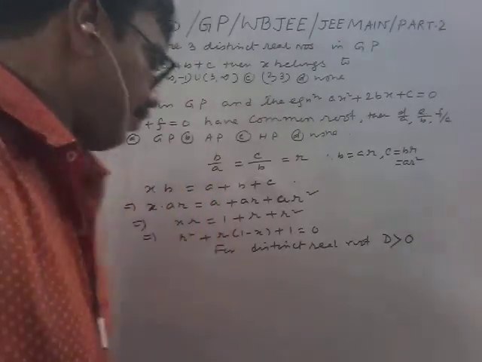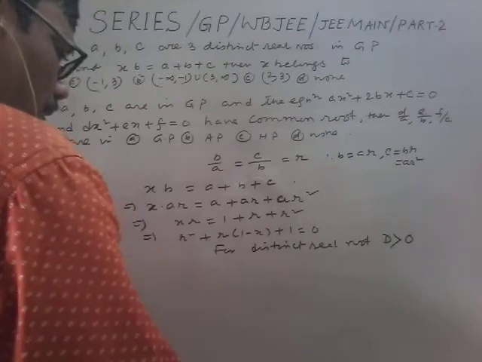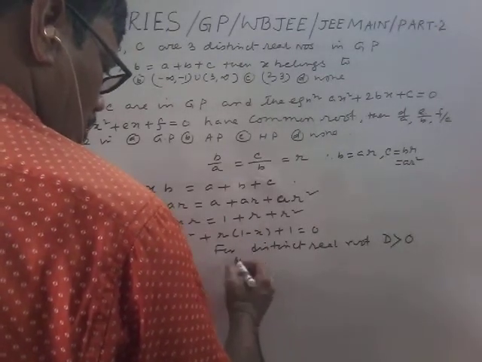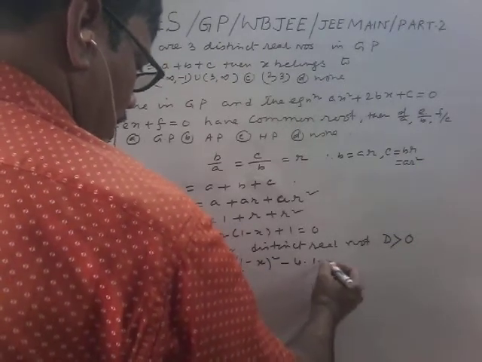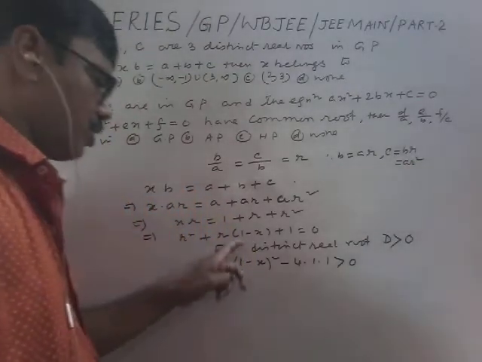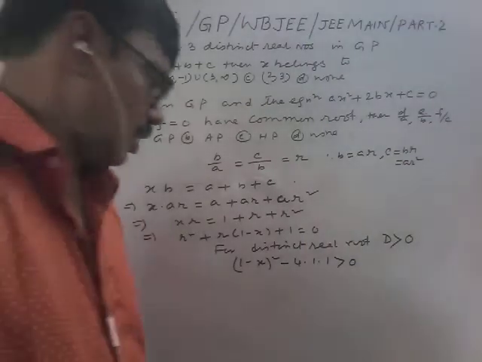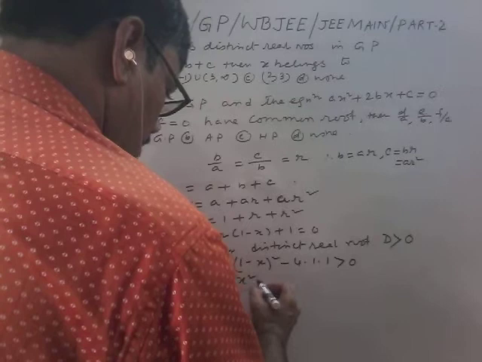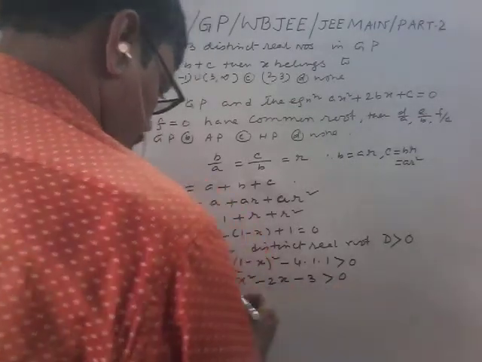What is D? So (1 minus X) whole square minus 4 into 1 into 1 greater than 0. So B square minus 4AC greater than 0. Now if we simplify, we get x square minus 2x minus 3 greater than 0.